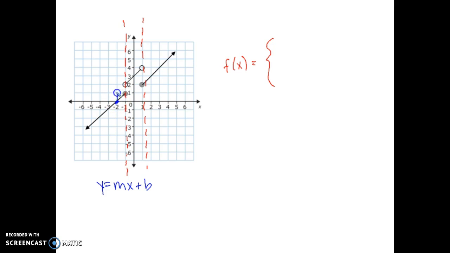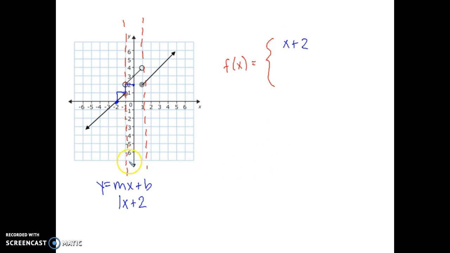So it looks like it's about a slope of up 1, right 1. That's just a slope of 1, so that's 1x. And if I keep that slope going, I'm going to get a y-intercept at 2. So that's going to be plus 2. Alright, so my equation for the first one is x plus 2.